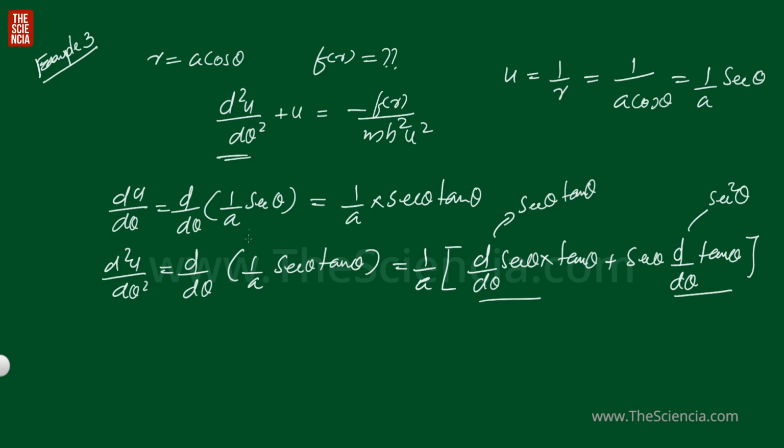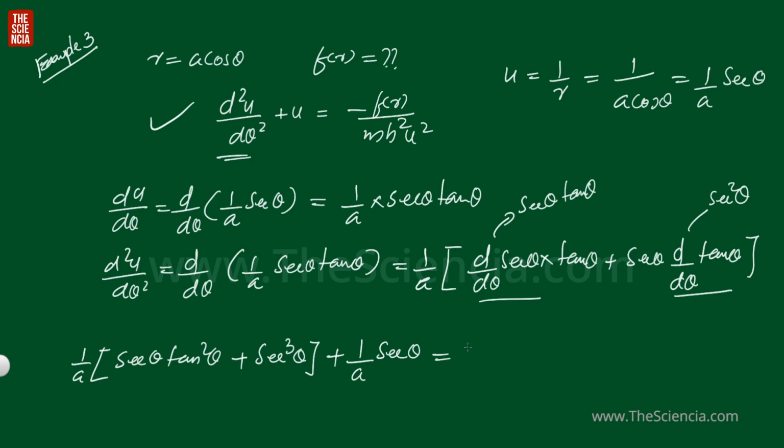Now we can substitute all these values in this equation. So what we get? We get 1 by a into sec theta tan square theta plus sec cube theta plus u. U is equal to 1 by a sec theta, equal to minus f of r by m h square u square. That is a square by sec square theta.